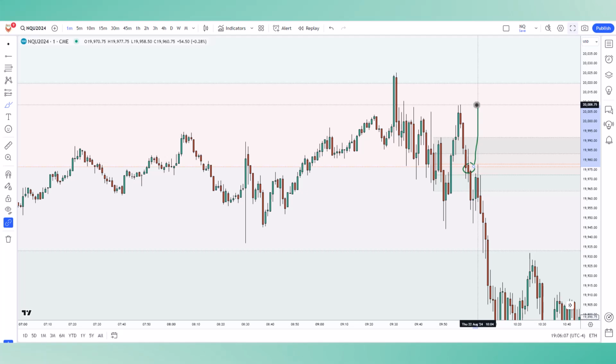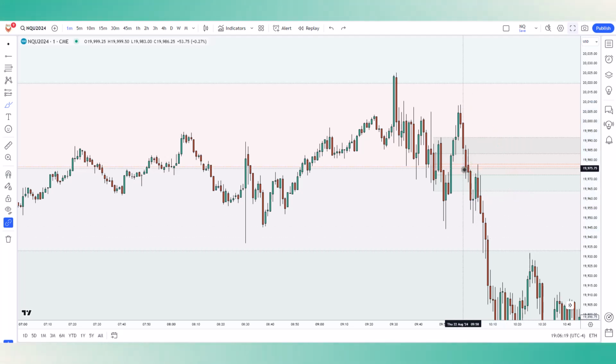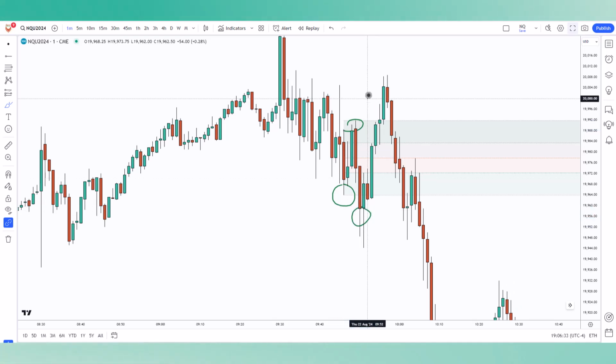I wanted to mitigate this at the 70, so I wanted to take at least this high, then moving down. It didn't happen, and watch closely what happened instead. This is a valid flip, alright?